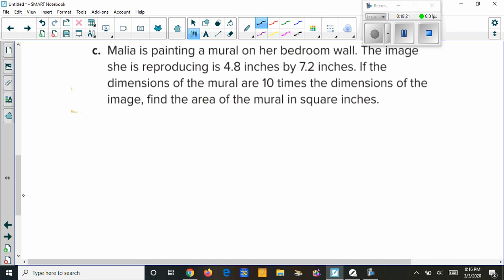The image she is reproducing is 4.8 inches by 7.2 inches. If the dimension of the mural is 10 times the dimension of the image, find the area of the mural.